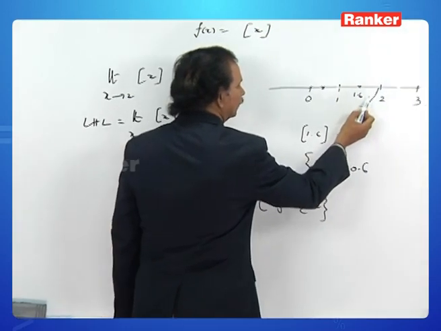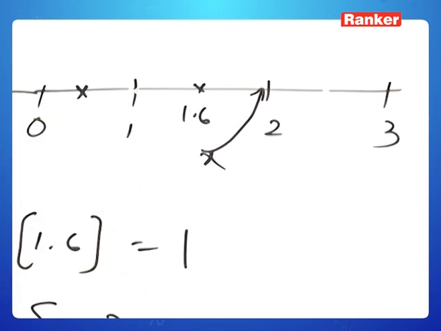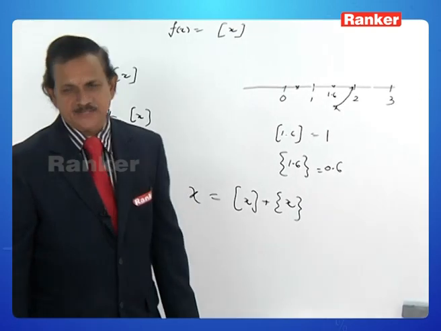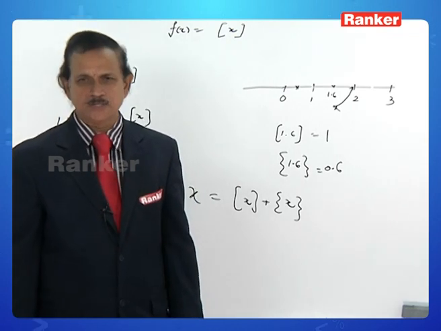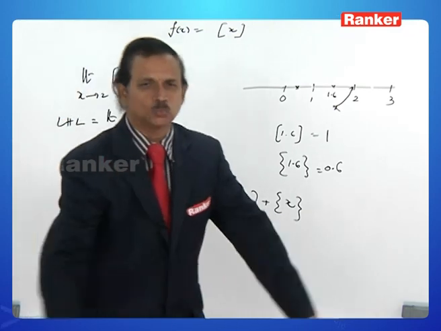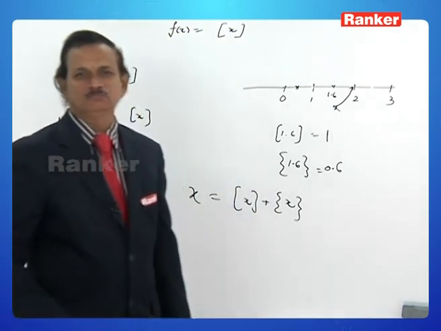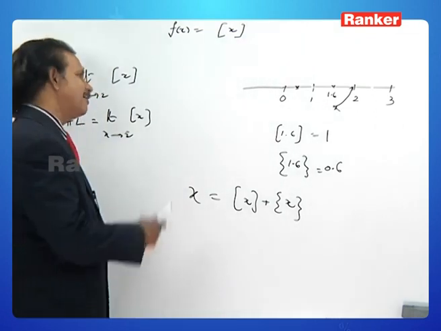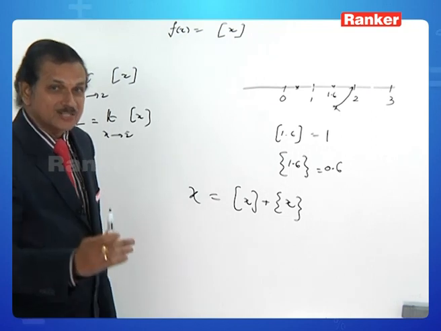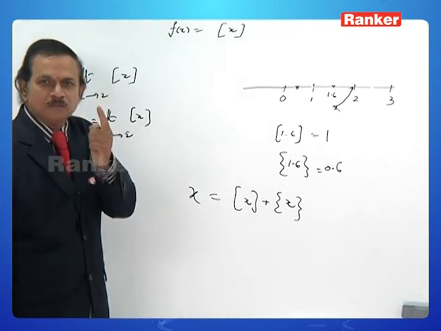There, just behind 2. How can you imagine? It can be 1.99999999999. That's all. It is not 2. It is very near to 2 and to the left of 2. So whatever might be the value of x, as it is very near to 2 and to the left of 2, integral part of x is 1.